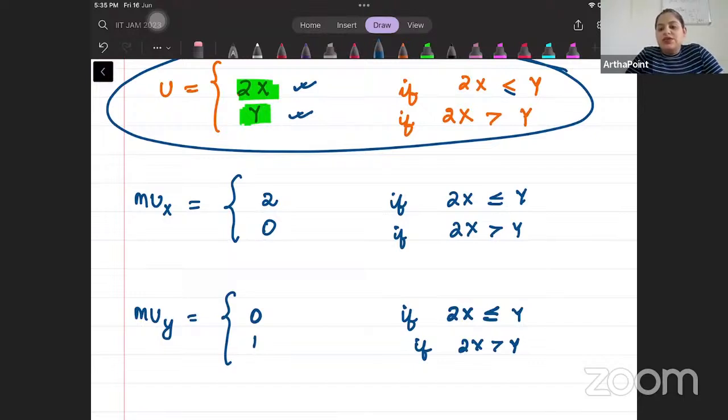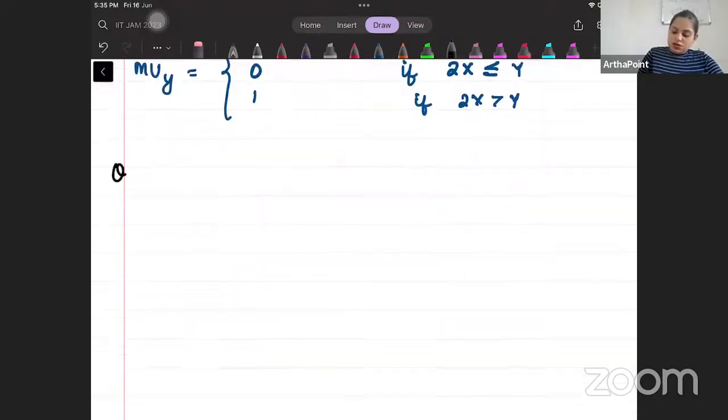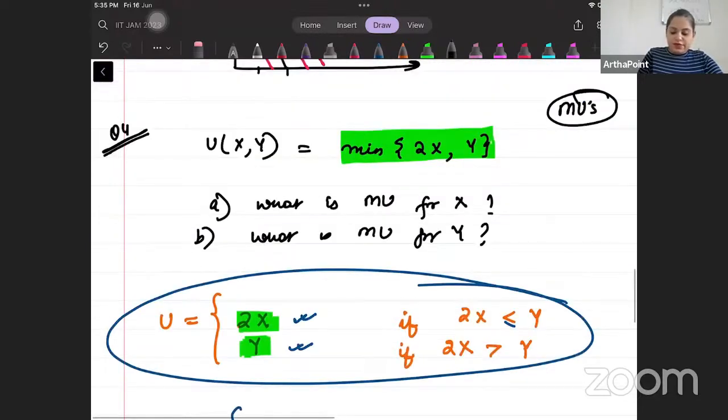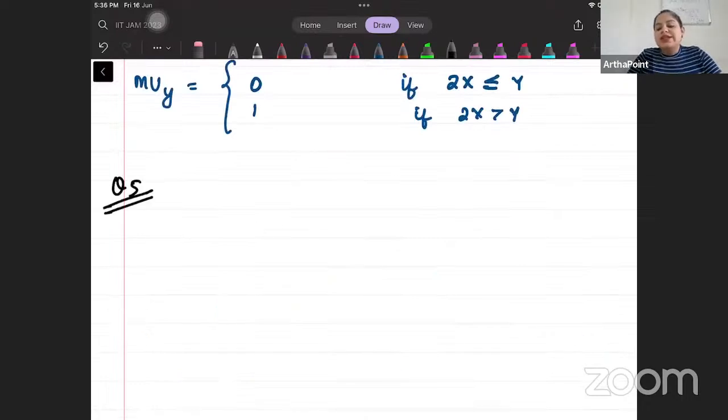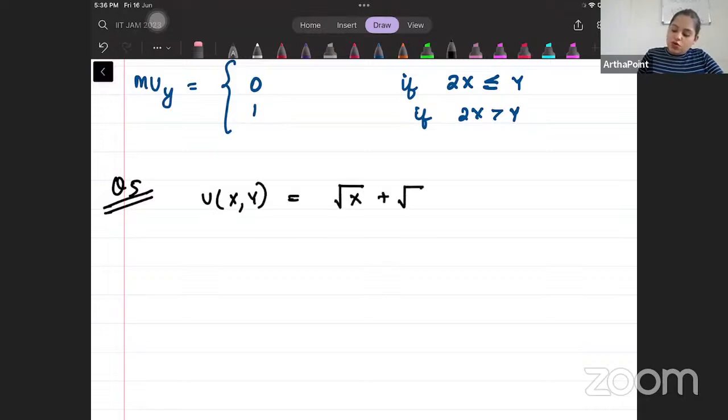Okay, now let us go ahead and take another question, and this is going to be on utility maximization. Beta, please write down the question. This is going to be question number 5. Let's say that you are now given a utility function, root x plus root y, whole square.